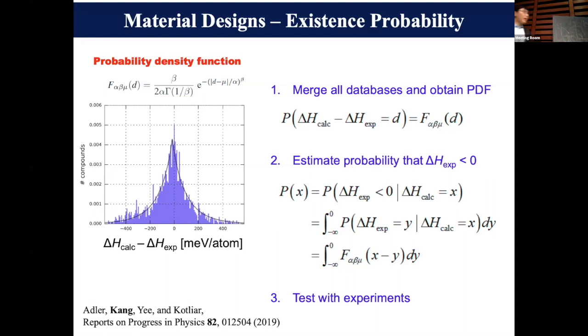Then the final step is that we test with experiment. If our newly proposed material is synthesized in experiment, it indicates that the existence probability would be high. If so, the existence probability provides a reliable result for the global stability.